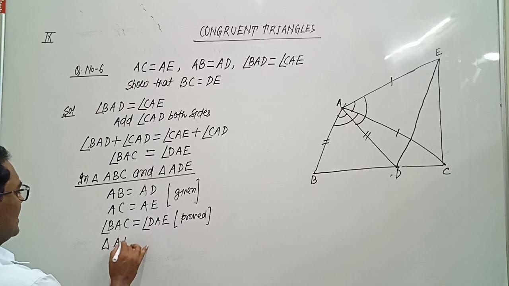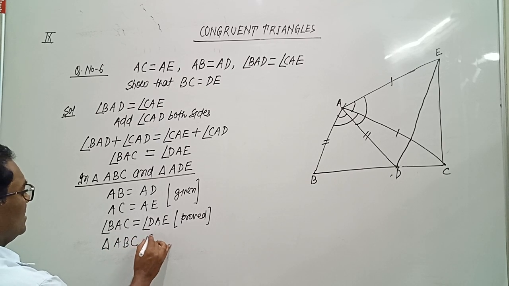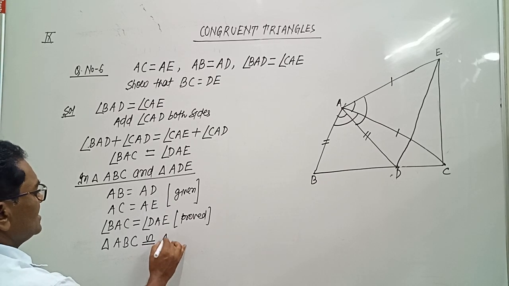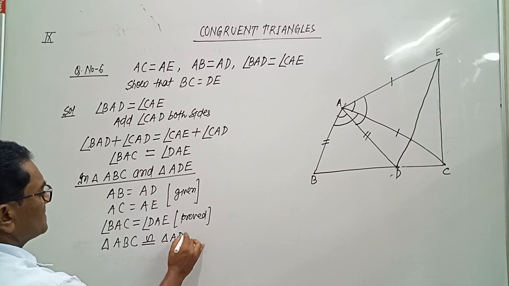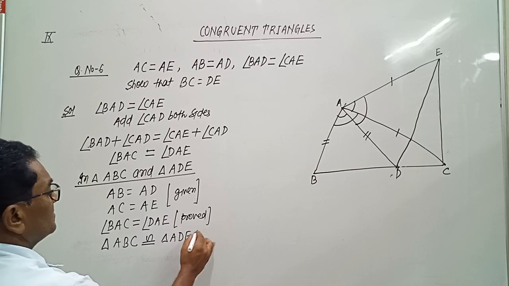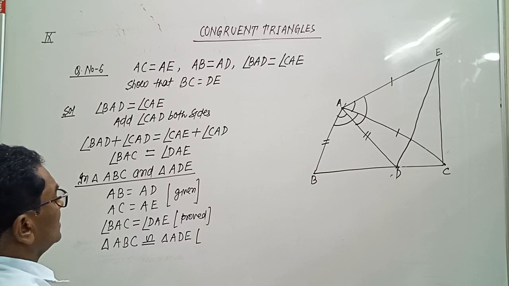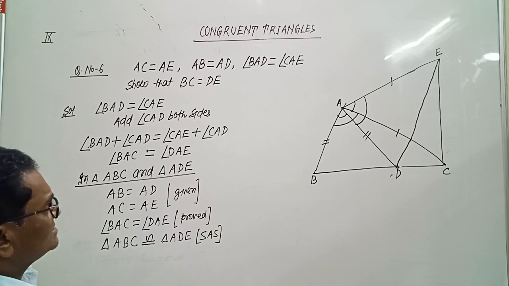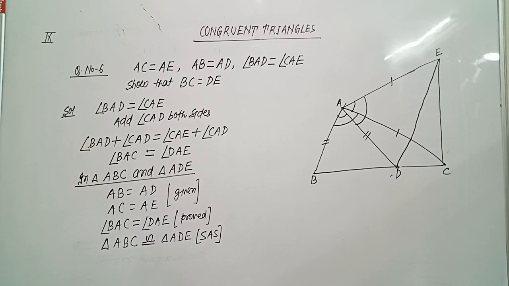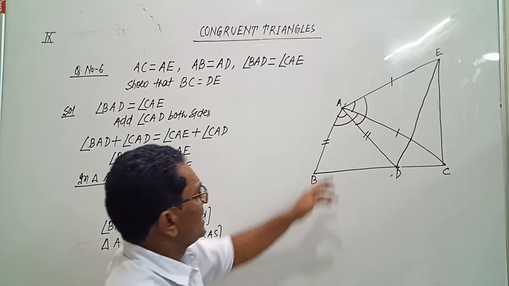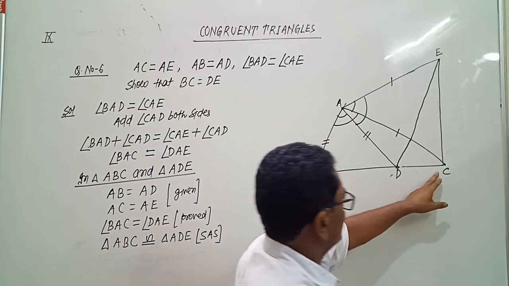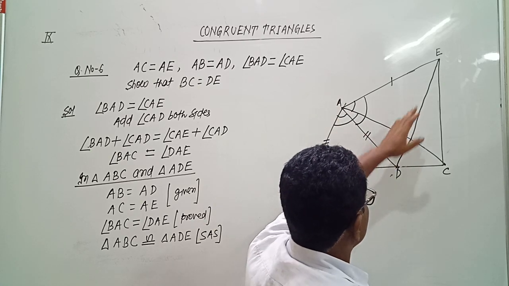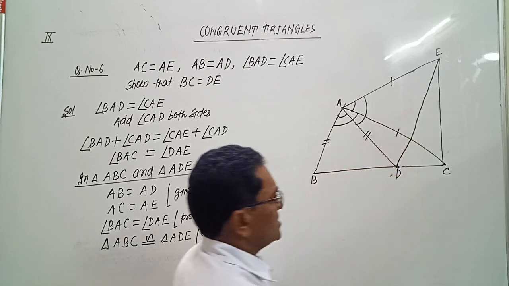So triangle ABC is congruent to triangle ADE by SAS. In triangle ABC there is a side BC, and in triangle ADE the corresponding side is DE.